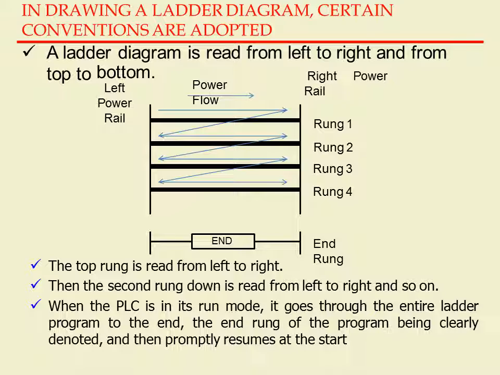The top rung is read from left to right, then the second rung down is read from left to right, and so on. When the PLC is in run mode, it goes through the entire ladder program to the end rung of the program being clearly denoted, and then promptly resumes at the start.